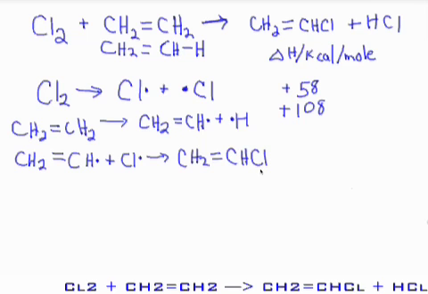And the bond dissociation energy for that is 84. Are we forming the bond or breaking the bond? We're forming the bond, so there's an energy release of 84 kilocals per mole.